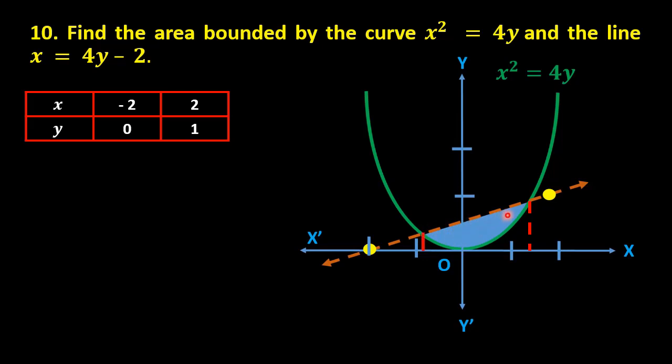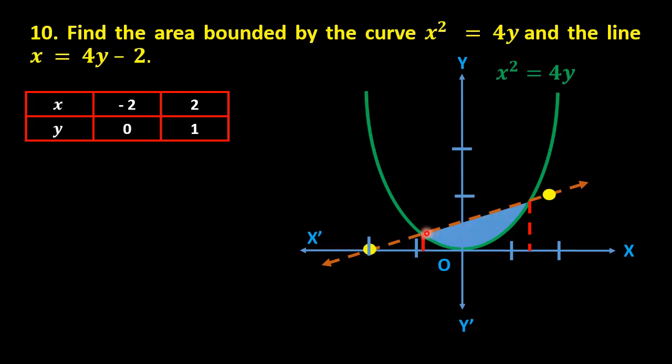Now, in the same way that you calculated the area in question number 9, we need to find the total area, this area, and then we subtract this black area to get this shaded region. That will be the area on the right side.